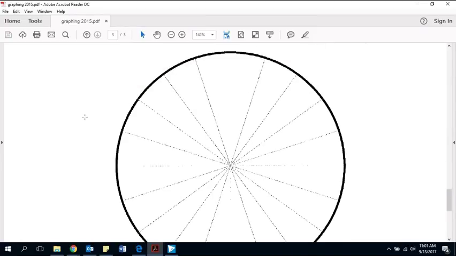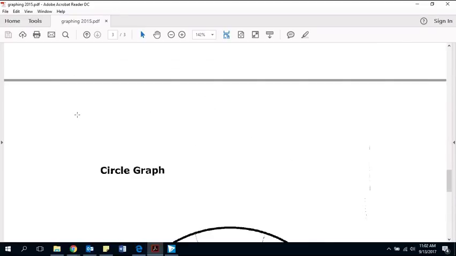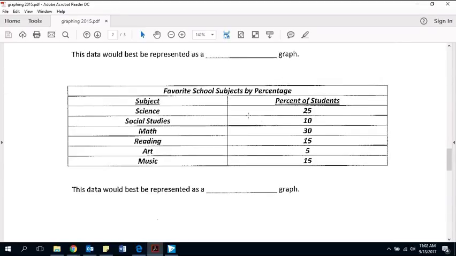The very first thing you're going to want to do is count how many sections and figure out what percent each triangle is. Remember, the entire circle is 100%. So you're going to need to do some basic math to figure out what percentage each pie slice represents. And then from there, you'll figure out how many triangles you need to color in order to get the correct subjects in the right place.